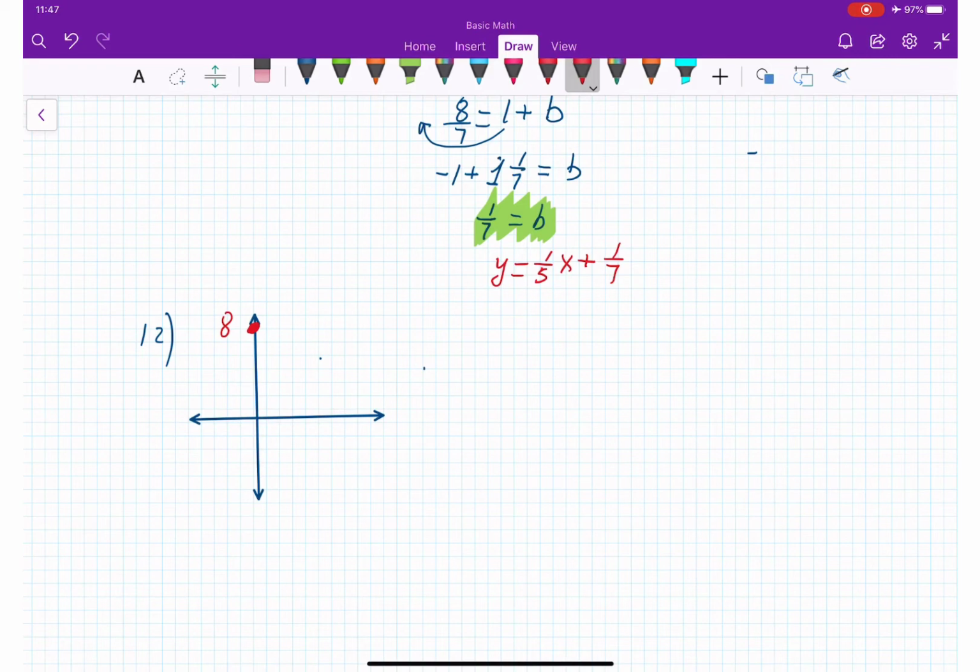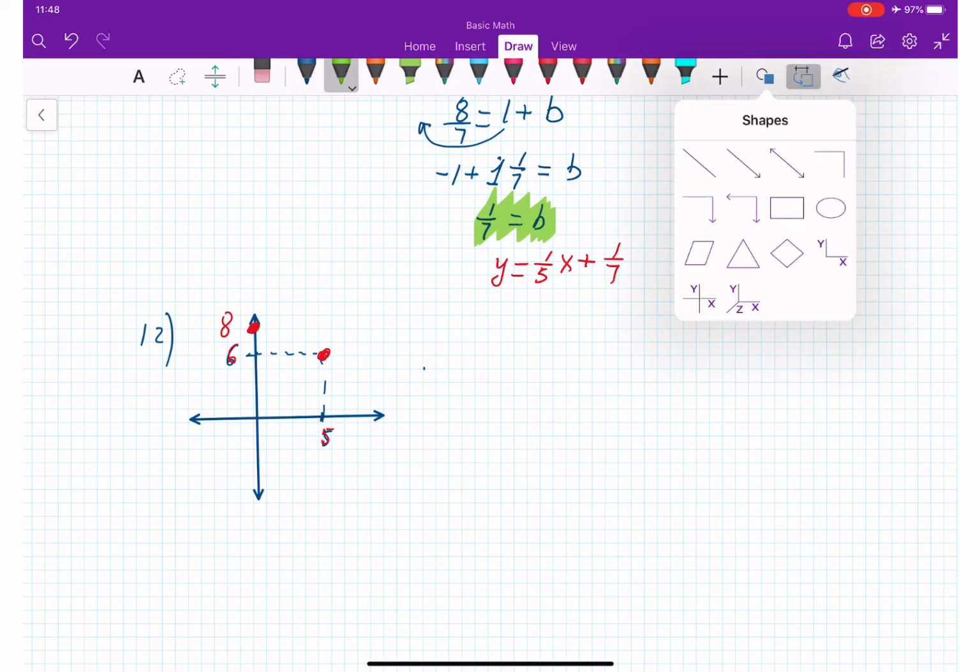If this is my 5, this is my 6, so my 5 will be somewhere here. Okay, 6 and 5, and this is my second point. Okay, and looks like my graph is going to be like this.